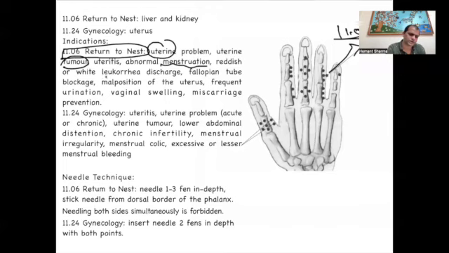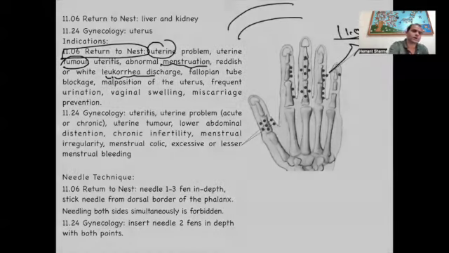Any type of discharge, like white discharge or reddish discharge, and if there is a blockage in the fallopian tube which is causing infertility, any problem connected with the uterus, or if a female has a history of miscarriages, you can put this point. Give the treatment for 2 months intermittently, like 12 sittings in this month and 12 sittings in the next month. Then you can check the condition of the uterus and the fallopian tube, and it will be in very good condition.